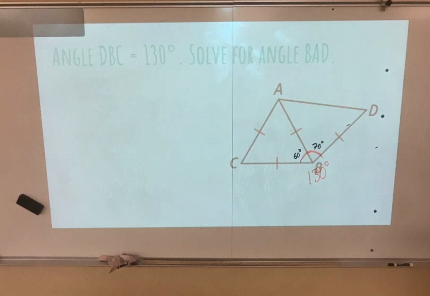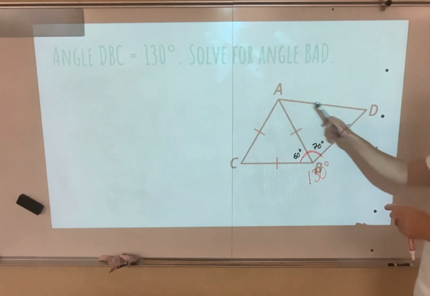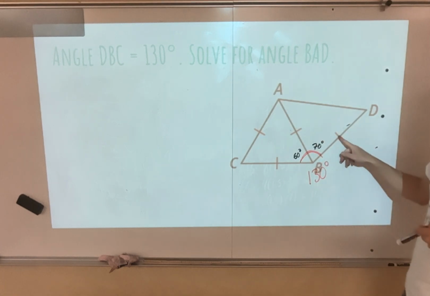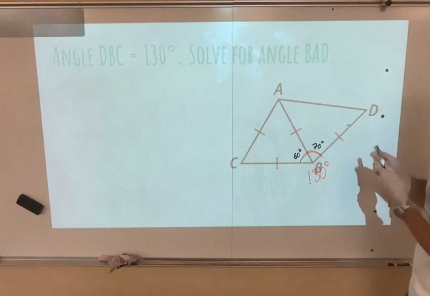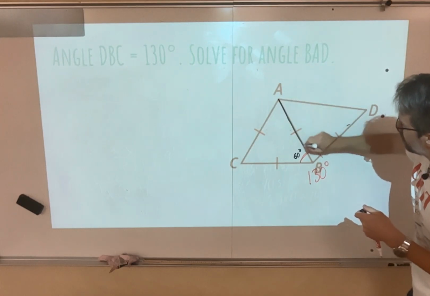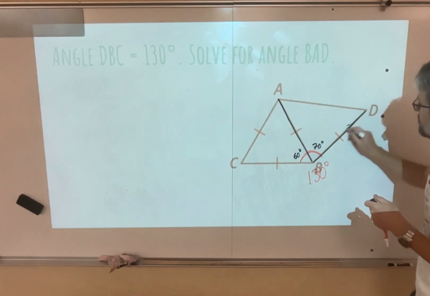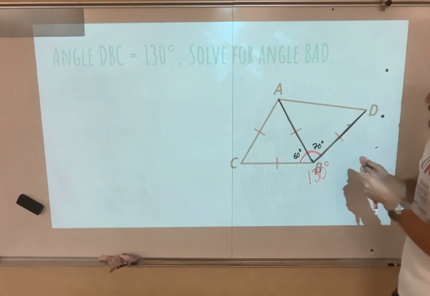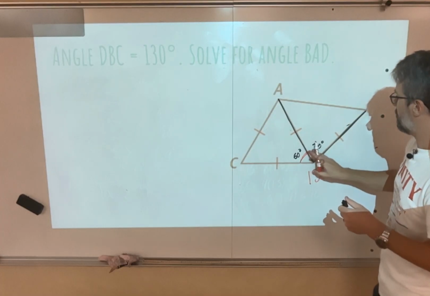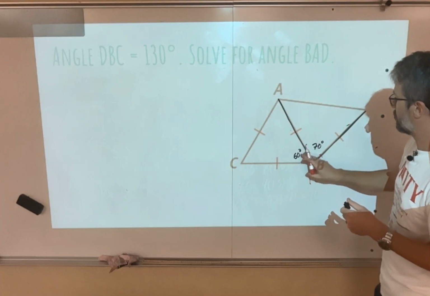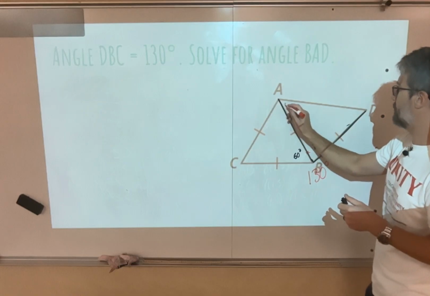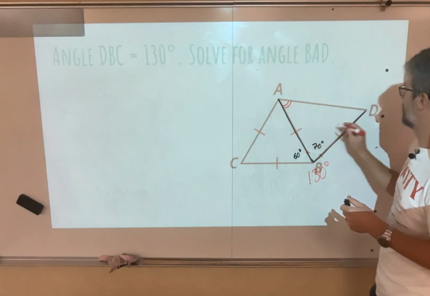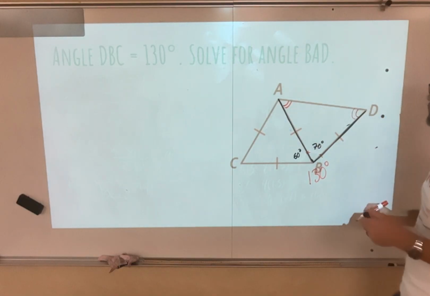All right, solving for angle BAD. Now, if I look at BAD, this is an isosceles triangle. It's not equilateral, right? These two sides are equal. That means that the base angles are congruent. So that means this one is equal to this one.